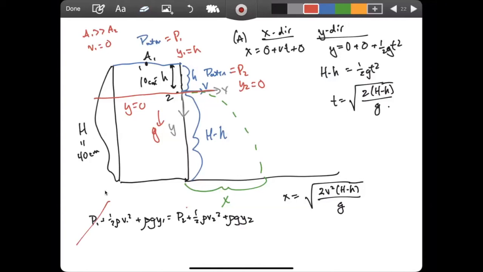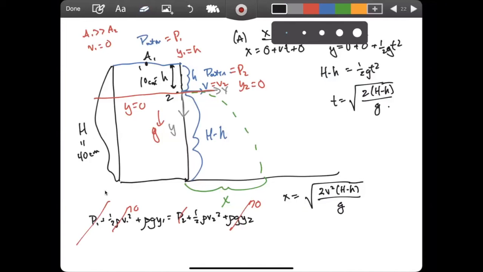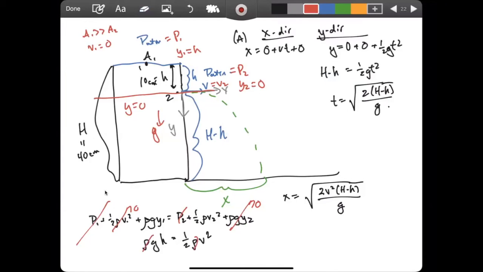This velocity is going to be 0, and this height is going to be 0. If I call v2 simply v, let's put everything together. I get rho g little h is equal to 1/2 rho v squared. The rhos are going to cancel, so I'll solve this for v.